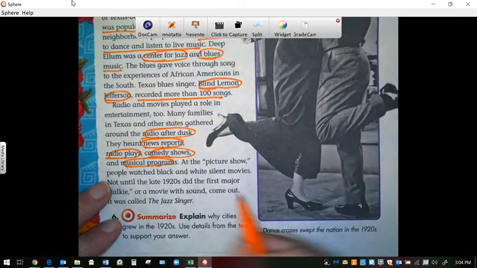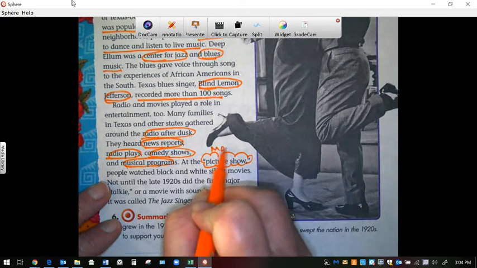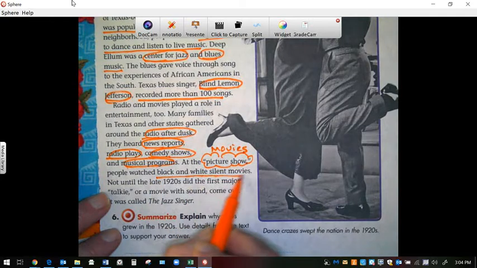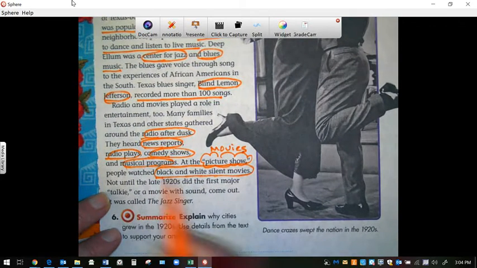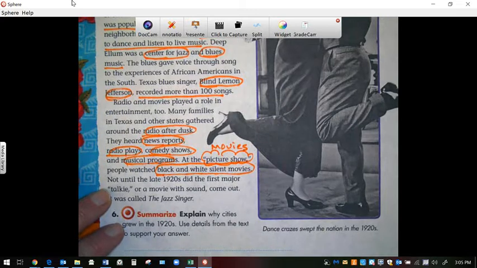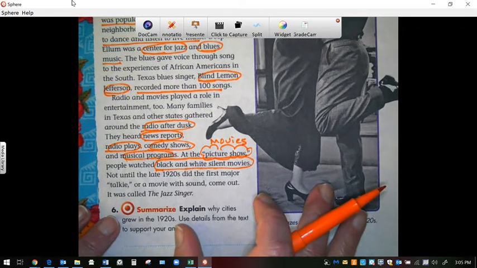At the picture show, which is another word for movies, people watched black and white silent movies. The radio and the movies were not the way that they are now. Now with radio, you mostly just listen to music, but back in the 1920s, they would listen to stories, the news, and comedy shows.